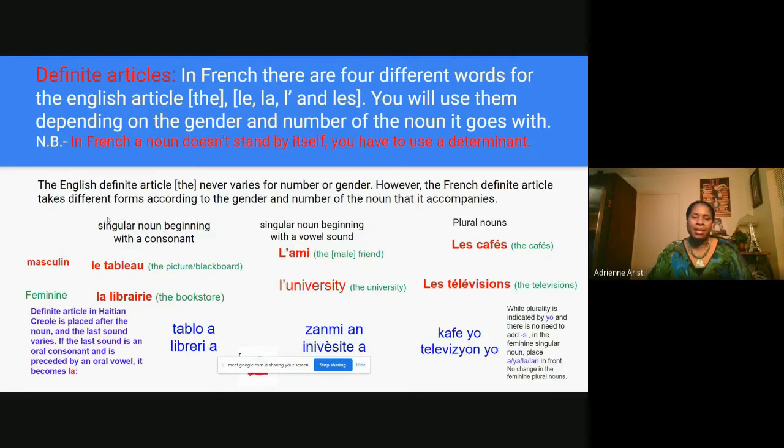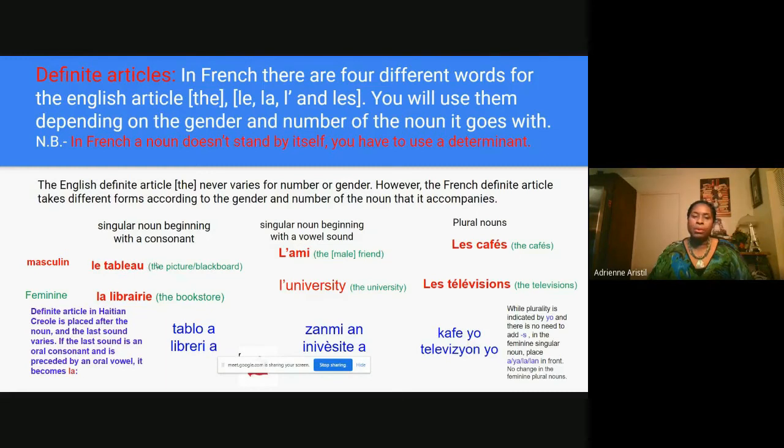For a singular noun beginning with a consonant, you will use le for masculine, le tableau.